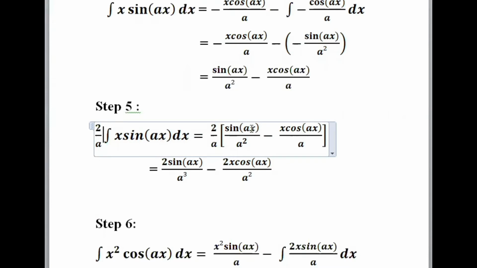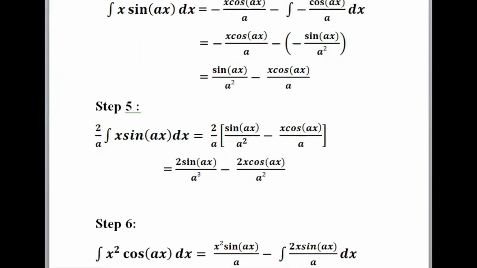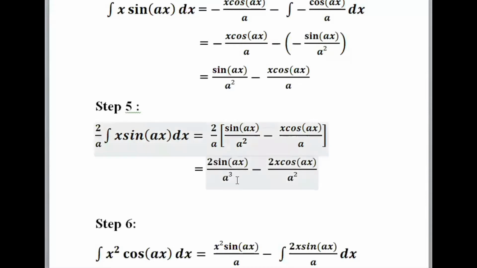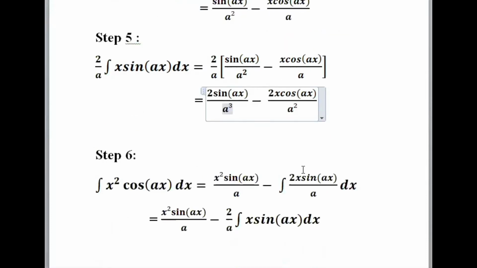We got sine ax over a square minus x cos ax over a, and we got 2 sine ax over a power of 3 minus 2x cos ax over a power of 2.